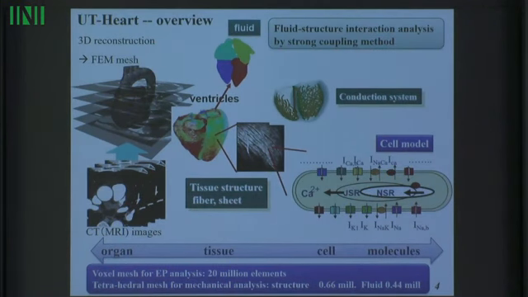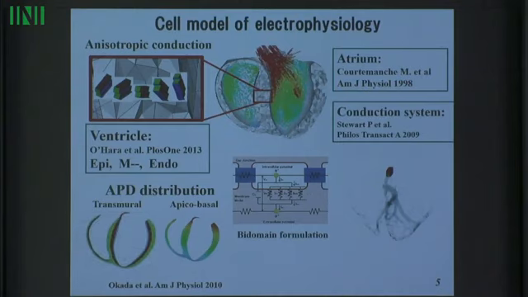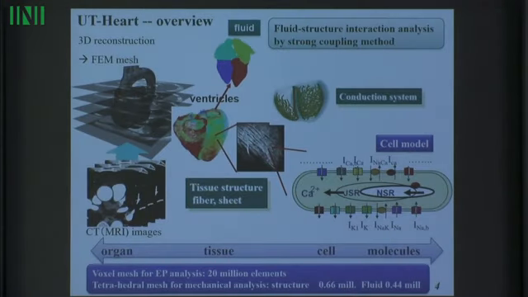Our model is based on the finite element method, the morphology of which was taken from the multi-slice CT scan data, and to the model we implemented cell model of electrophysiology coupled with cross-bridge dynamics.